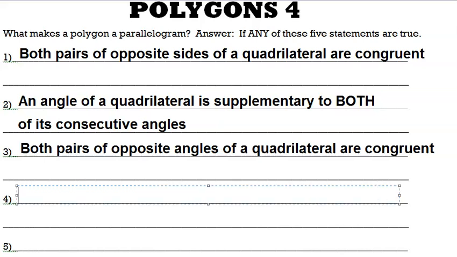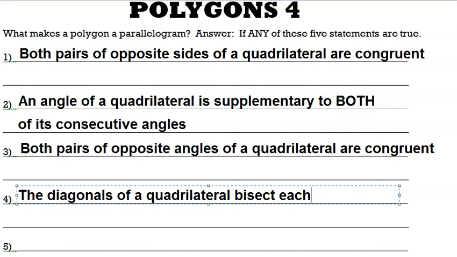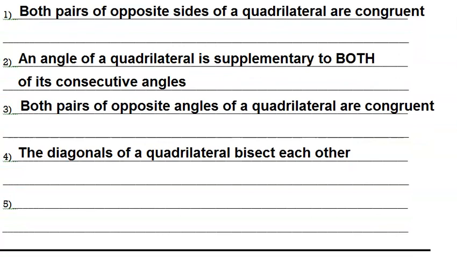Rule number 4, if the diagonals of a quadrilateral bisect each other, okay, so that's rule number 4, and you knew that too. This is all basically what we talked about in Polygons 2. We're just trying to review it and put it all in one place. Everything from Polygons 2 and 3. And we're sort of working backwards. This is actually sort of the converse of what we talked about before.